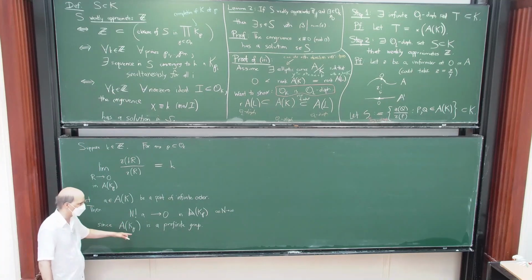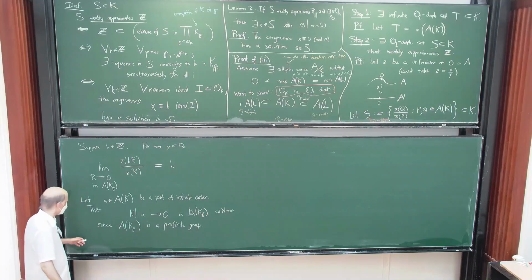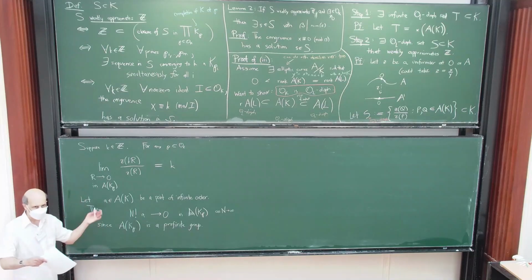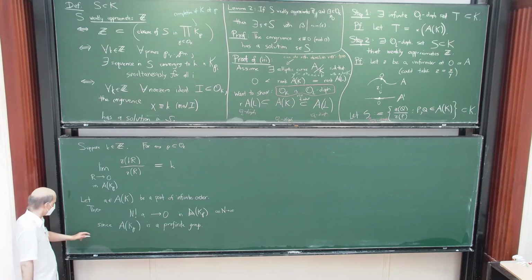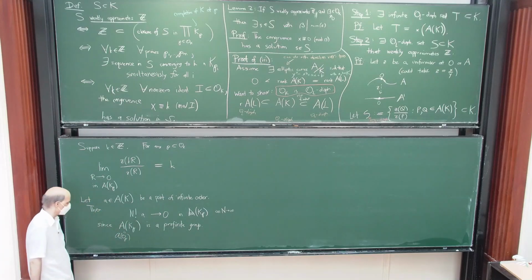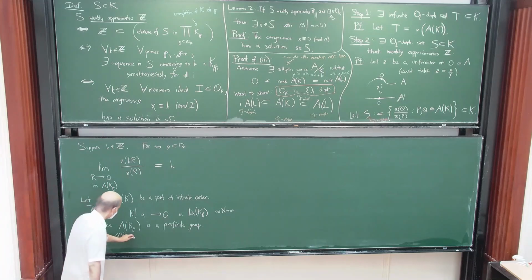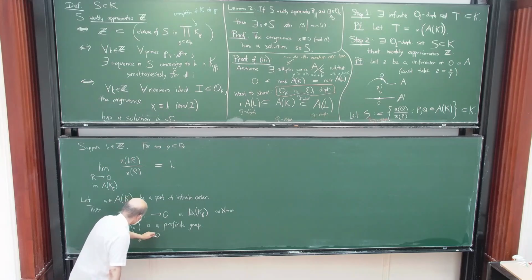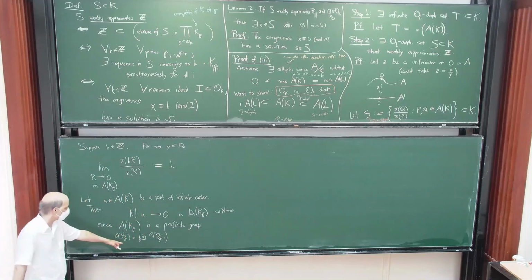Just as the ring of integers Zp is the inverse limit of Z mod p squared, Z mod p cubed, you can show that this, if you want to get technical, you could use a narrow model and take the ring points over the evaluation ring, and this is the inverse limit of this narrow model with values in O mod p to the n. In any case, it's an inverse limit of finite groups.